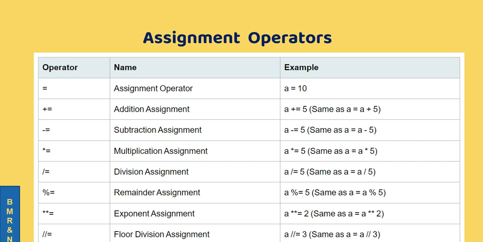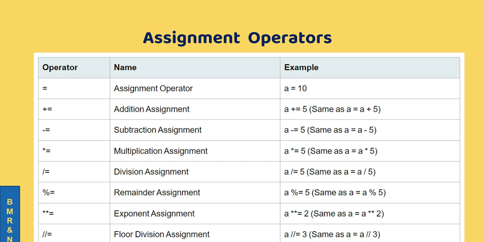The variable will always remain on the left, and values or expressions will always remain on the right. You can see the addition assignment in the second row of the example column, and the subtraction assignment in the third row. In the same way, multiplication, division, remainder, exponent, and floor division assignment.